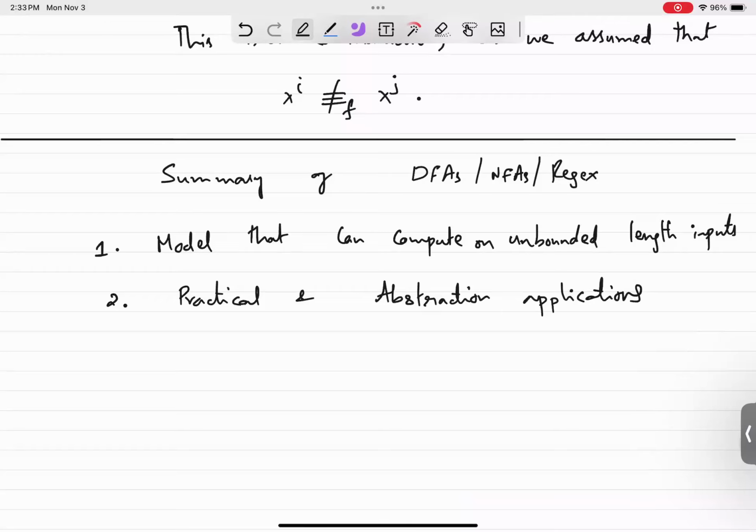So for example, non-determinism, the ability to process regular expressions, all of them come from NFAs and DFAs. They also have some very nice closure properties. DFAs are closed under ANDs, ORs, NORs. Any NFA can be converted to a DFA and so on. Okay.